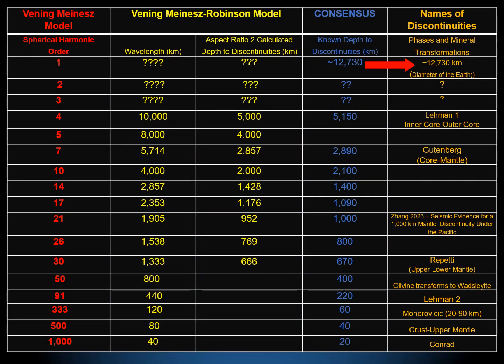We have provided substantial evidence that whole Earth Rayleigh-Bénard convection and spherical harmonic order 1 are synonymous. Since there's no real depth to a discontinuity, the name of spherical harmonic 1 is the diameter of the Earth.